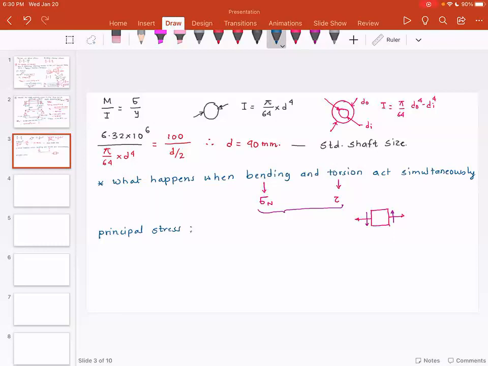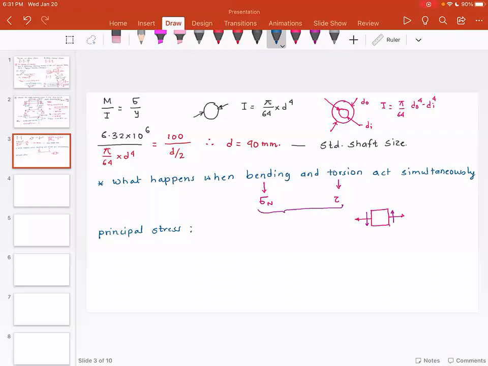Now, as you know from EGR343 and EGR444, there are two principal stresses. One is a maximum principal stress, and the second one is the minimum principal stress. Now, in the design problem, we just want to make sure that our shaft is able to sustain the maximum principal stress.